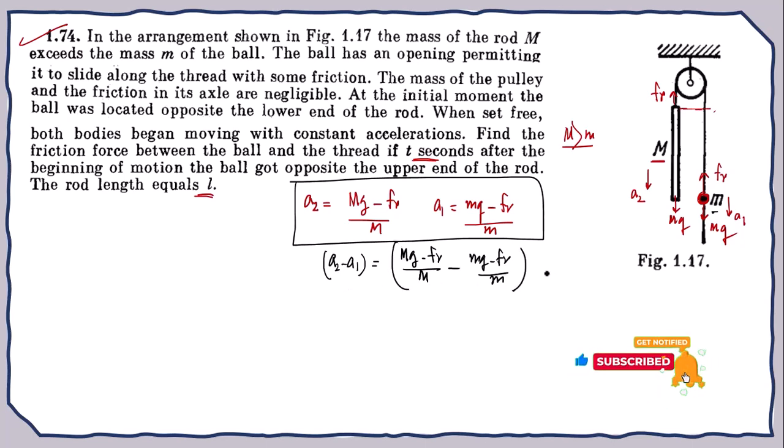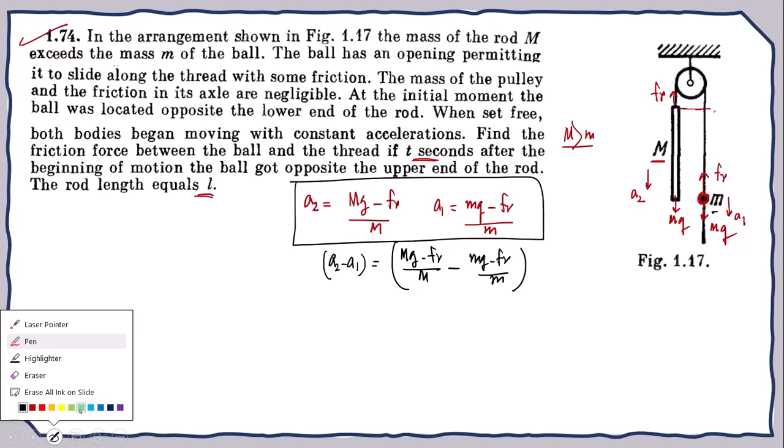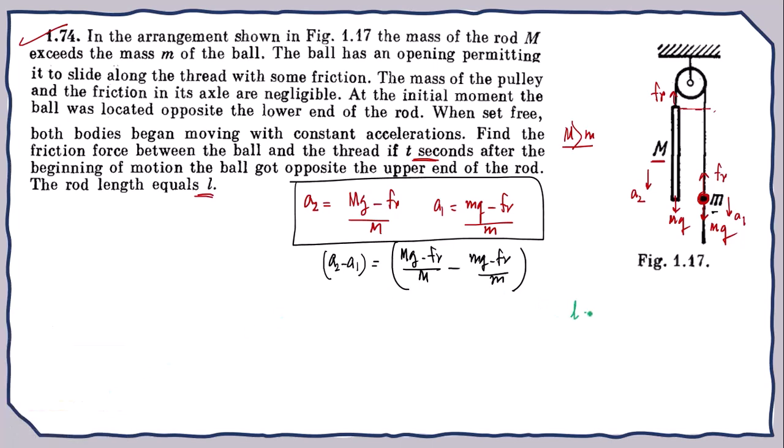With this relative acceleration, in time t, the ball crosses the length. So one equation from kinematics: L distance is traveled with acceleration A2 minus A1 in time t, so L equals half times (A2 minus A1) times t square.